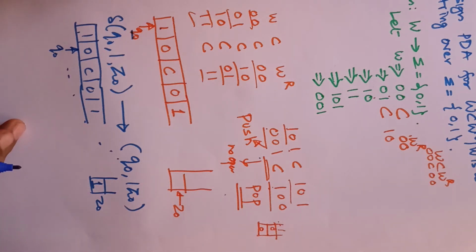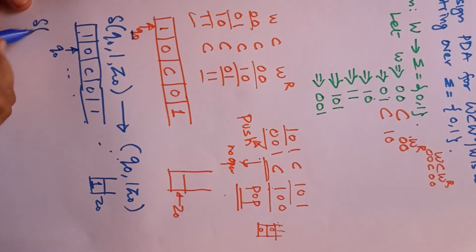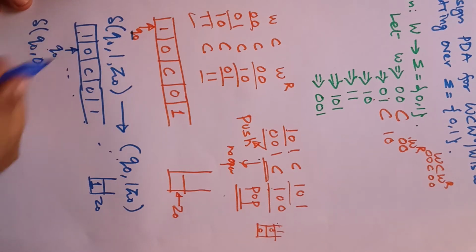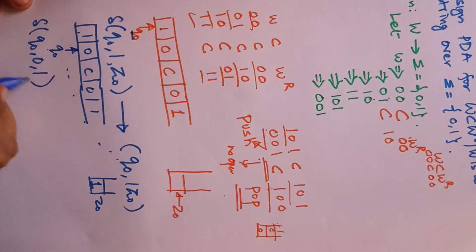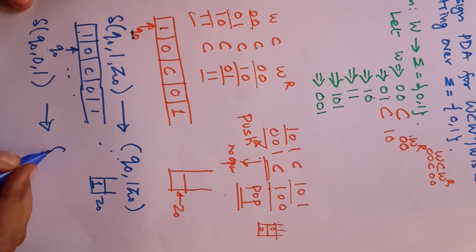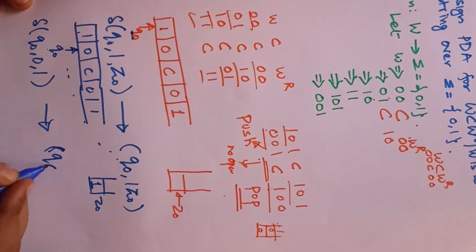Now, according to our algorithm, till we get C we are going to push all the symbols onto the stack. So again Q0 is reading 0, and what is present on the top of the stack is 1. What is the resultant? What operation have we decided? We decided the push operation.